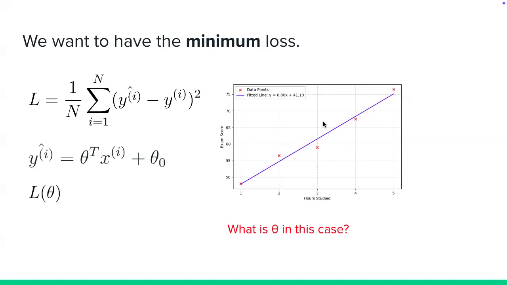What we are trying to find is M and B, and we don't know what M and B are. I was trying to see if you understood that we are trying to find these two numbers, 6.80 and 41.1.